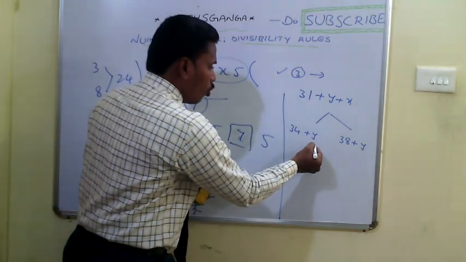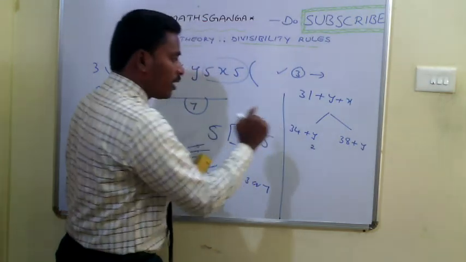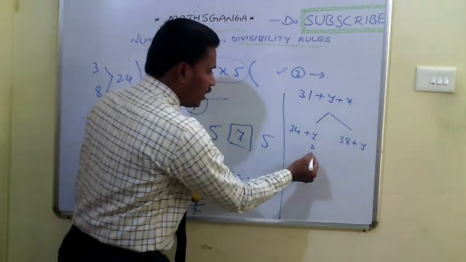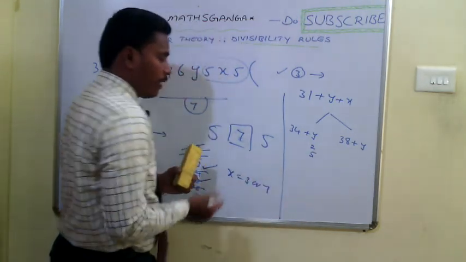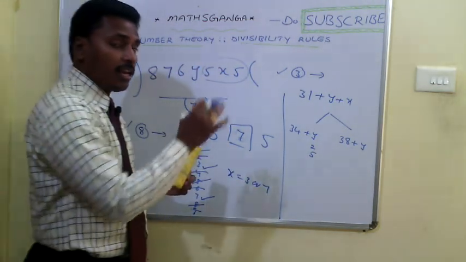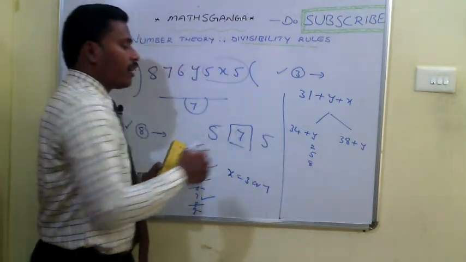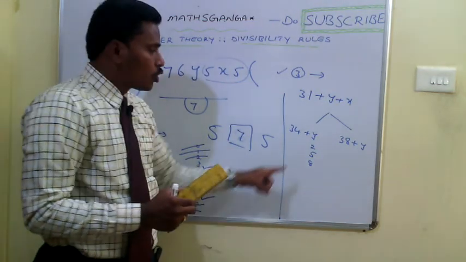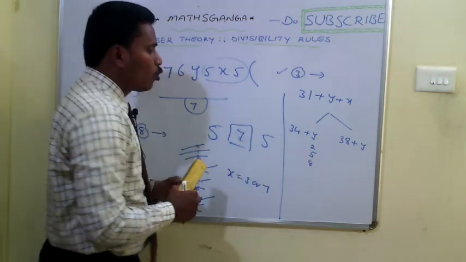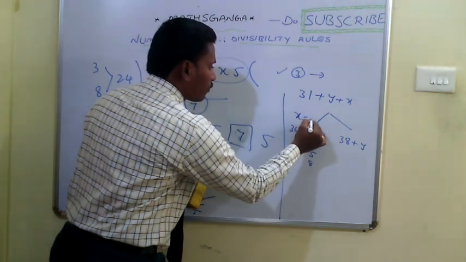Right? 0, 34, not possible. 1, 35, not possible. 2, 36 is a multiple of 3. 3, 37, not possible. 4, 38, not possible. 5, 34 plus 5, 39 is a multiple of 3. 6 not possible, 7 not possible. If you replace with 8, 34 plus 8, 42 is a multiple of 3. And then 9 not possible. So the possibilities for y are 2, 5, 8 whenever x is equal to 3.